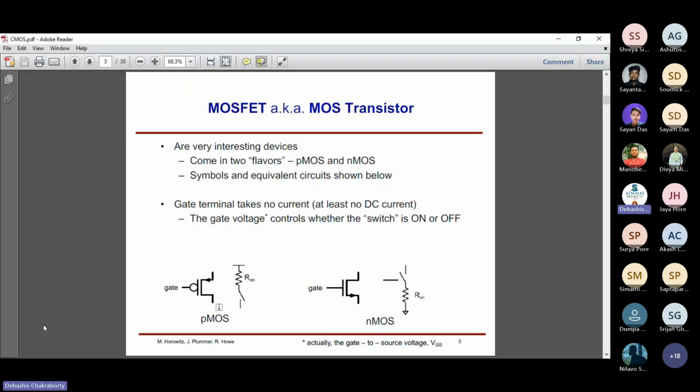In PMOS there is a bubble, so it operates in inverted logic, and for NMOS there is no bubble. You should know these basic symbols for PMOS and NMOS.